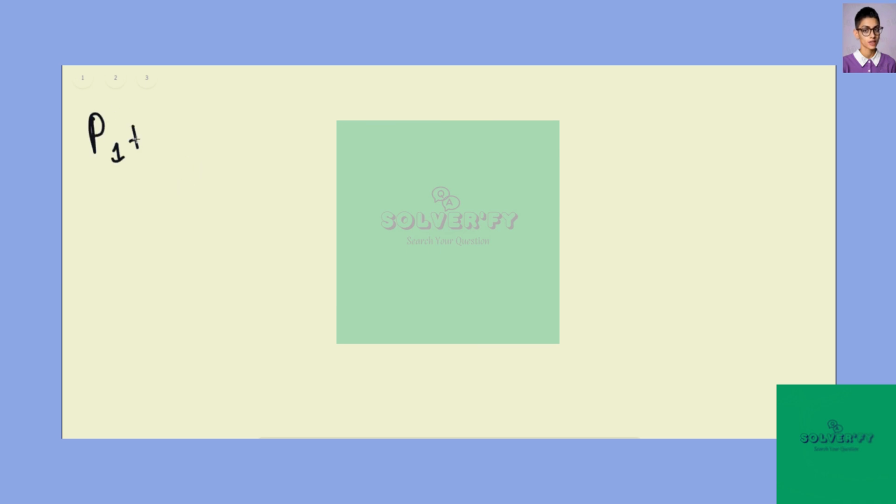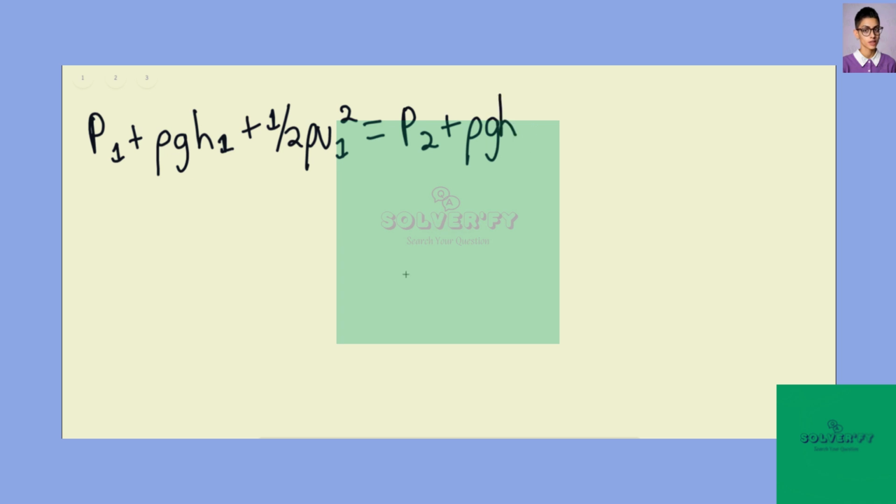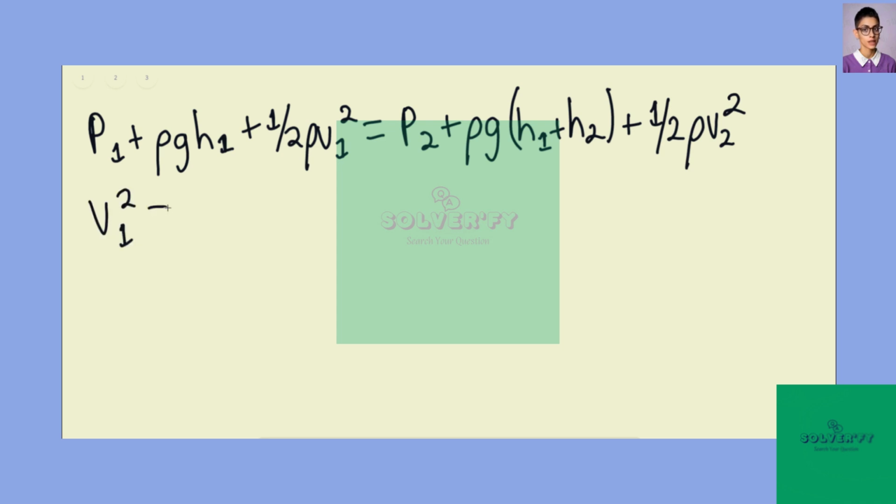So P sub 1 plus rho, the density, g h sub 1 plus 1/2 of rho v sub 1 squared would be equal to P sub 2 plus rho g, and then this would be the difference in height, so h sub 1 plus h sub 2, or rather the sum of the heights, plus 1/2 of rho v sub 2 squared. And so we know that v sub 1 squared will then be equal to 2 times g h sub 2.